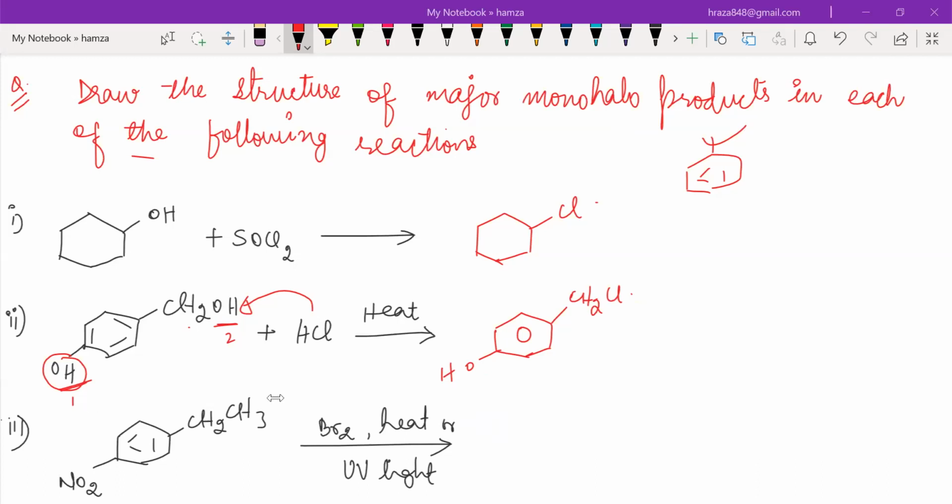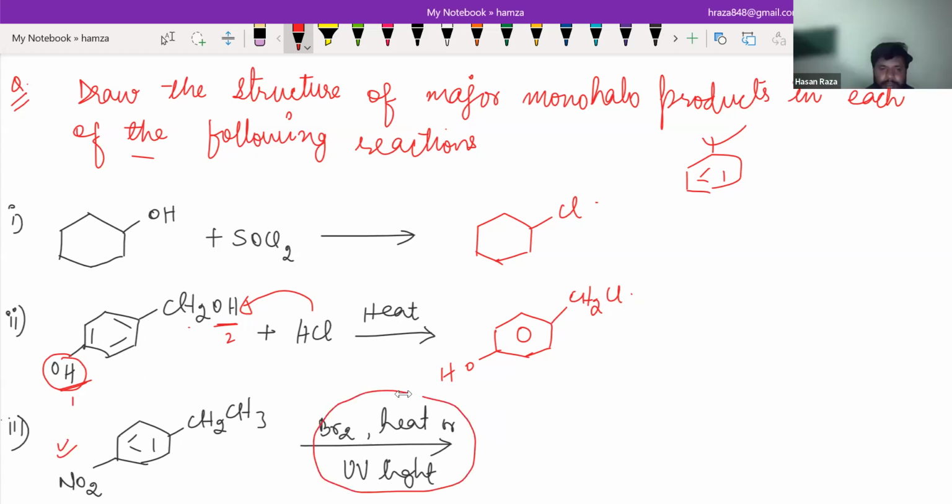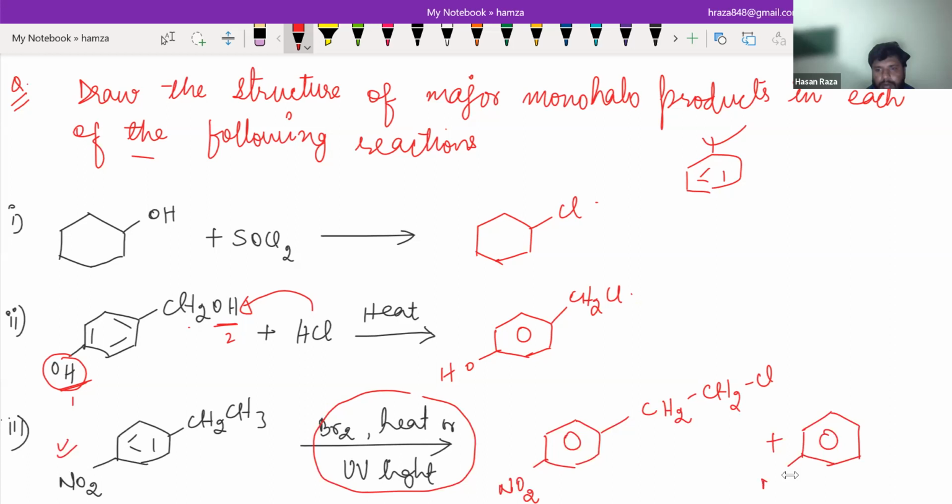Can you do this? See, there is basically halogenation, Br2 in the presence of UV light or heat. So there will be halogenation. So this is benzene, which is aromatic, and NO2 is directly connected to this. So it is not replaced by this. And there are two possibilities. CH2Cl, that means this product, and chlorine can also be added like this. So you have to decide now which one is more stable, this one or this one.